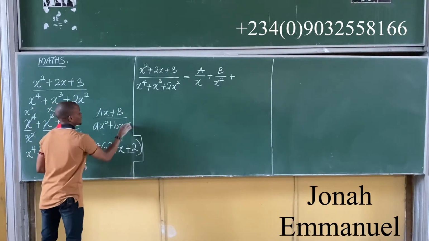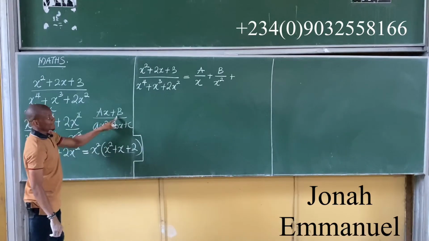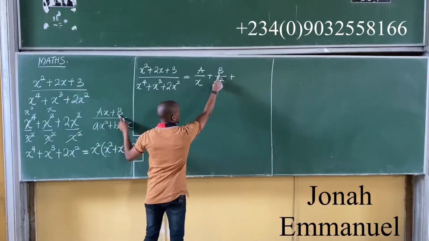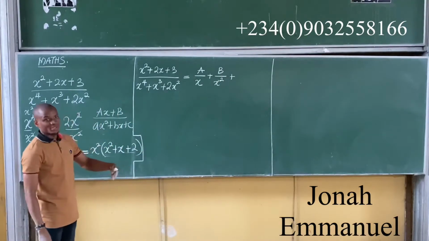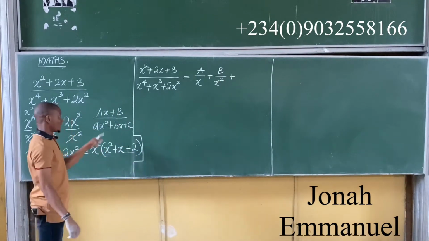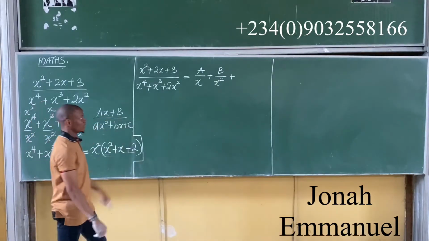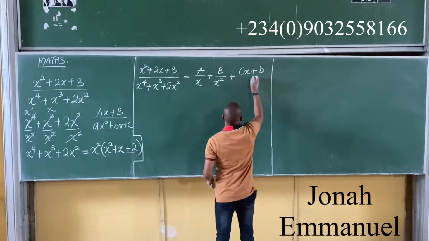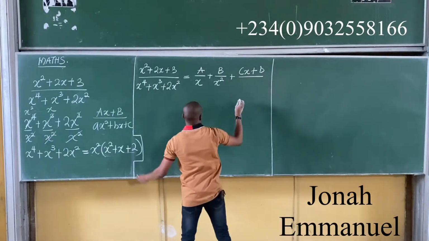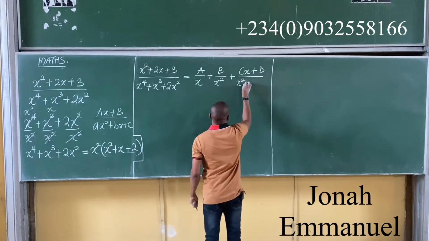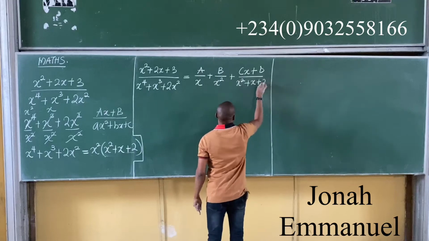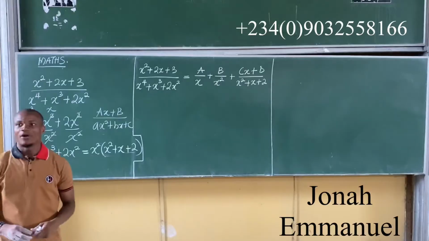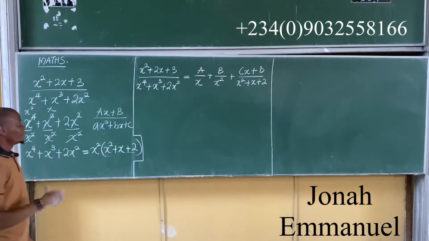But the fact is this, a and b have already been taken as a and b. So if I'm taking a and b, I'm left with what? C and d. So it becomes cx plus d all over x squared plus x plus 2. Alright, so this becomes the form of that partial fraction.